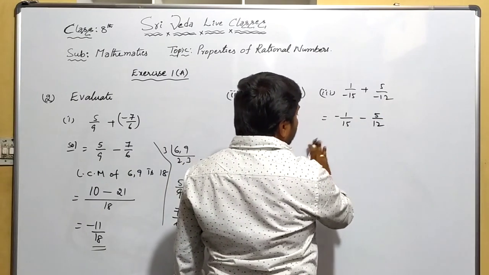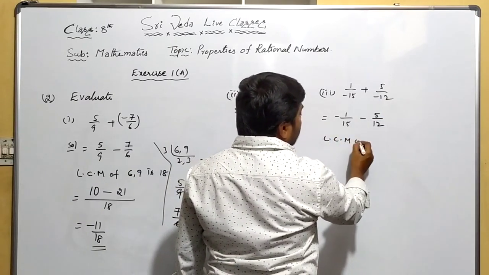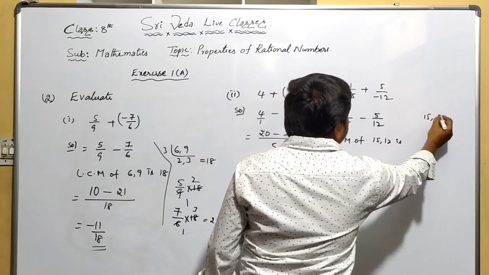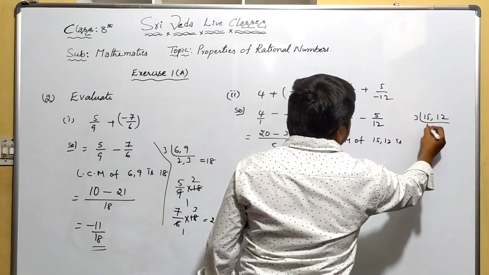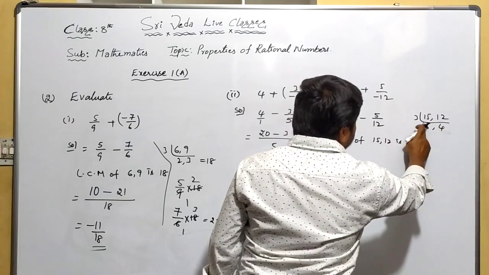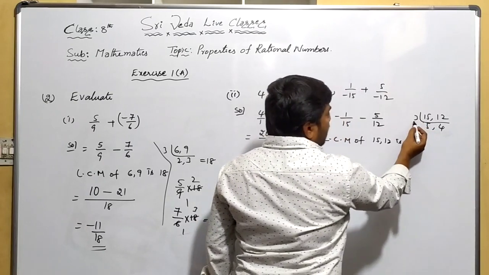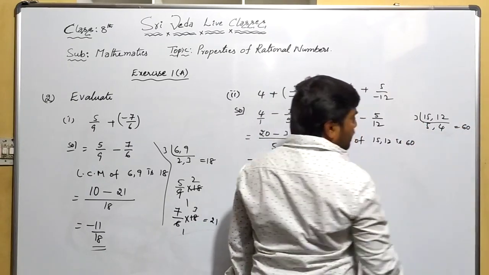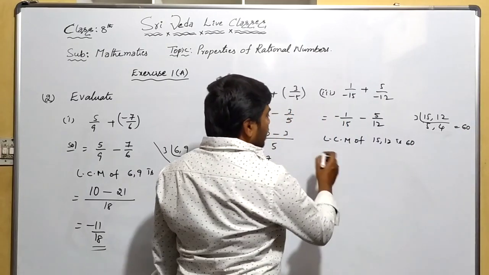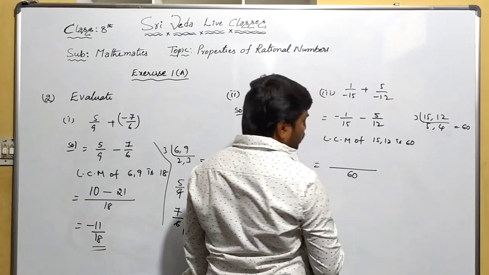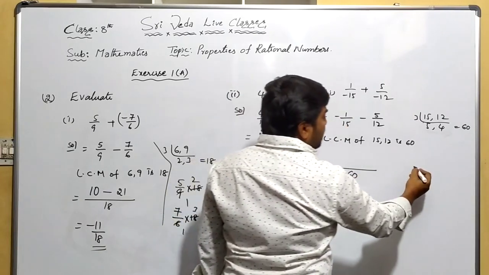Now LCM of 15 comma 12. 3 5s are 15, 3 4s are 12, right? 5 comma 4 are prime numbers. So 5 3s are 15, 15 4s are 60. So it is 60, right? So now write that. What is the LCM? 60. I told you that.